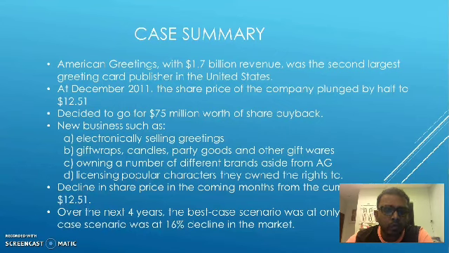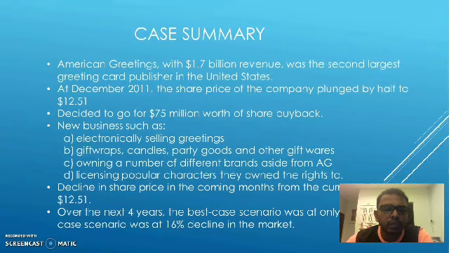Prior to that, the share price used to be above $20 per share, and the sudden drop is very questionable. The management decided to go for a share buyback worth 75 million, an option taken to safeguard the company.